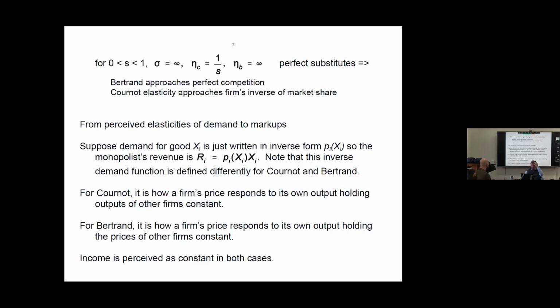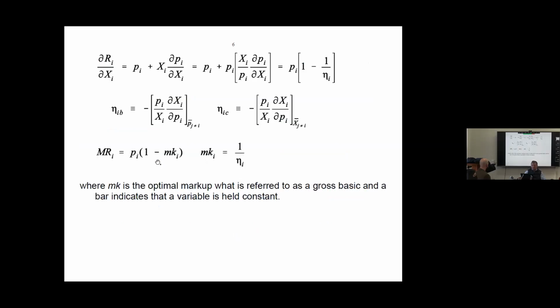For Bertrand, it's how a firm's price responds to its own output, holding the prices of other firms constant. Income is viewed as constant in both cases. So if you differentiate revenue with respect to X, that's going to give marginal revenue. And so you get P plus X times dP/dX. And you can multiply and divide that second term by P over P.